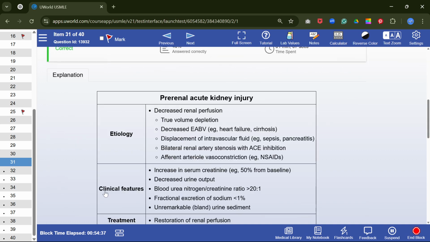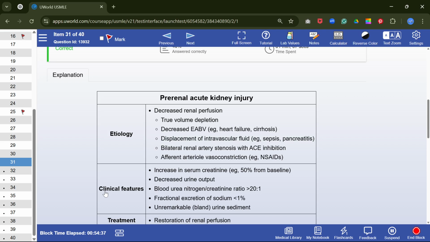Heart failure. Wait, heart failure is pre-renal AKI, isn't it? Yes. He has clear heart failure signs like S3, and the JVP is raised, and look at the BUN creatinine ratio, more than 20 or more than 15.